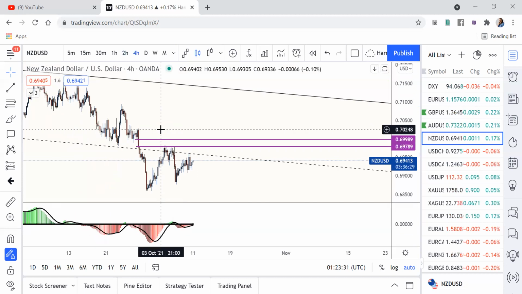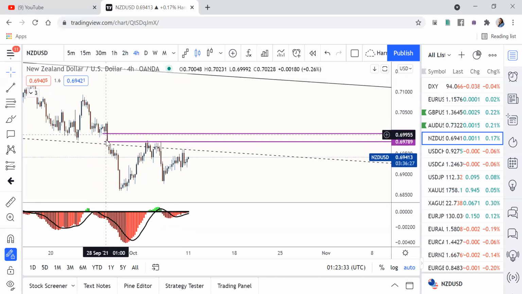This is my imbalance here. Everybody can see my imbalance candle. Remember, the imbalance candle is the impulsive candle breaking structure. So it is the impulsive candle breaking structure, right?